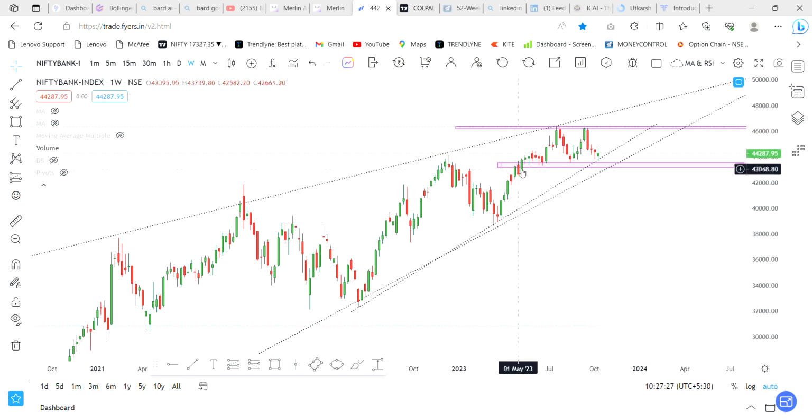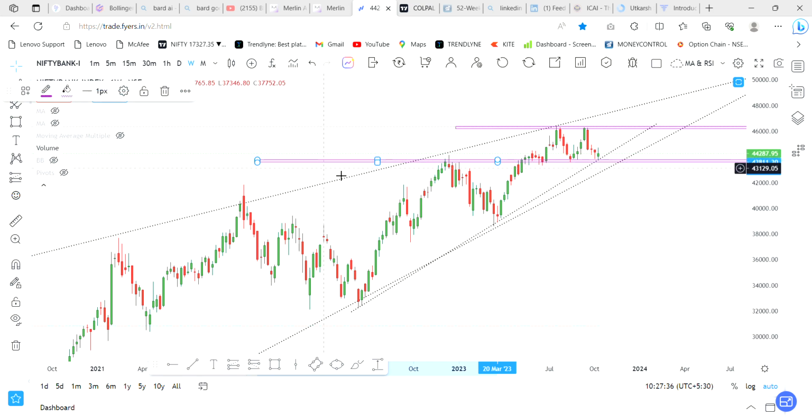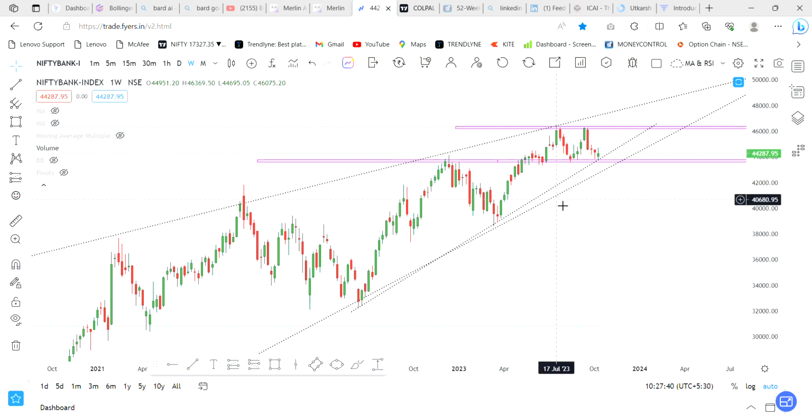These are like accumulation. You can do one more thing here: extend your support line till here, so this point is also covered. As and when you look at a number of charts, you will come to know how to draw support and resistance. So these are my support and resistance on the weekly time frame.